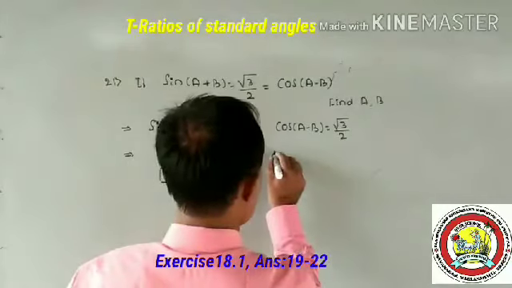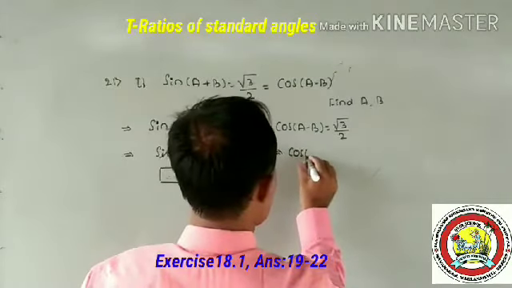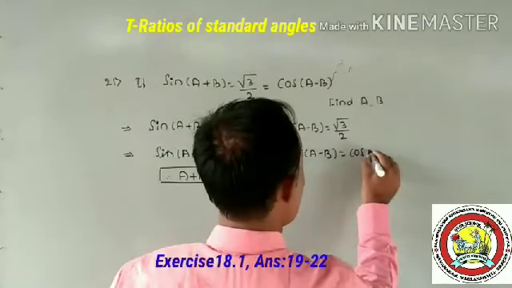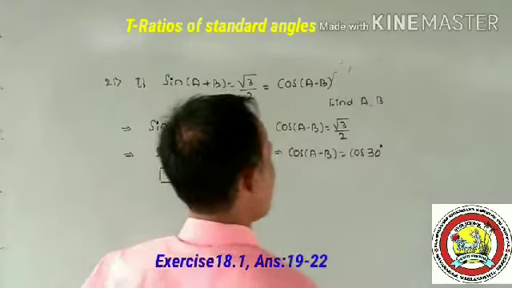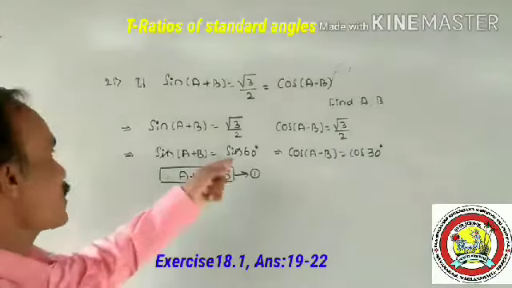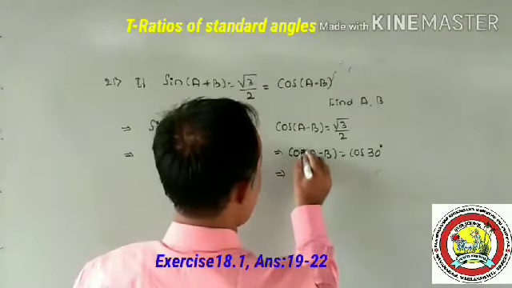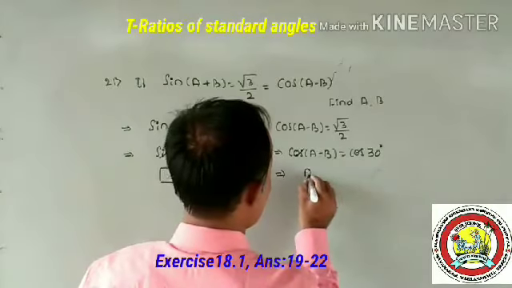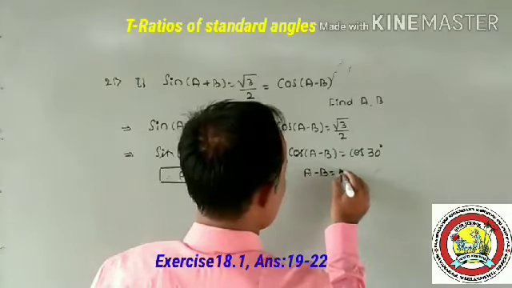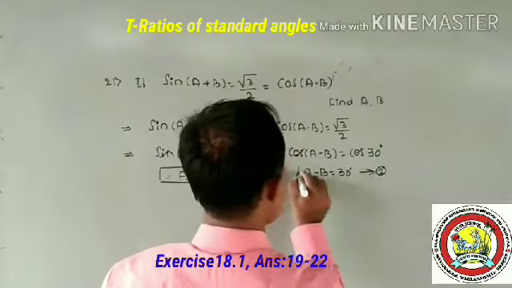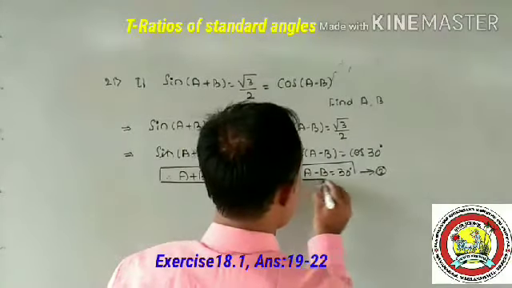Similarly, cos of a minus b, root 3 by 2, can be written as cos 30 degrees. Cos 30 is equal to root 3 by 2. So cos gets cancelled. The value of a minus b is equal to 30 degrees. Call this equation number 2.